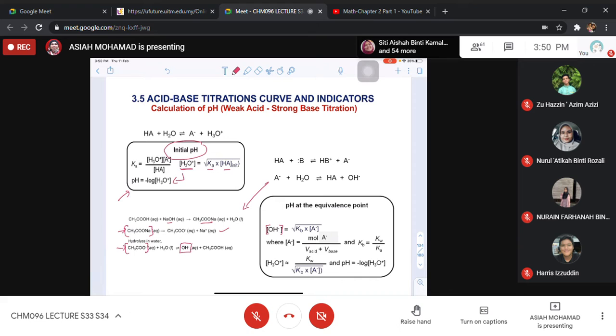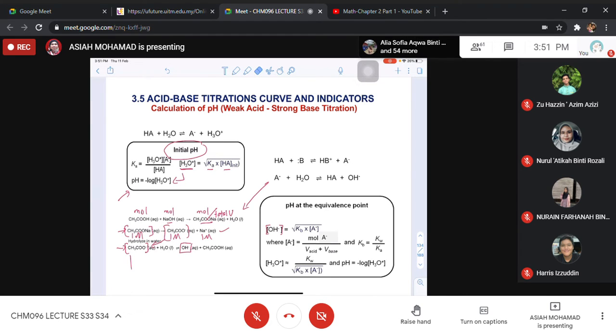The concentration of salt you get from moles reacted, the same number of moles, divided by total volume to get the molarity of the salt, same as the earlier case. If here is 1 molar, this will be 1 molar, this will be 1 molar. So this further hydrolyzes, and the concentration of acetate ion will be the same as your salt, sodium acetate. This is the C that you get from the salt.